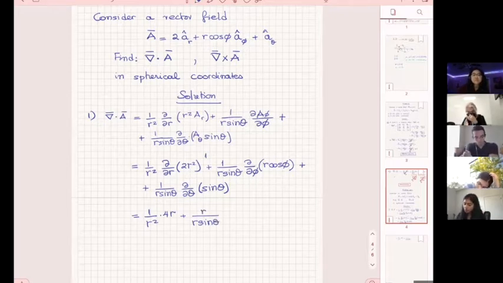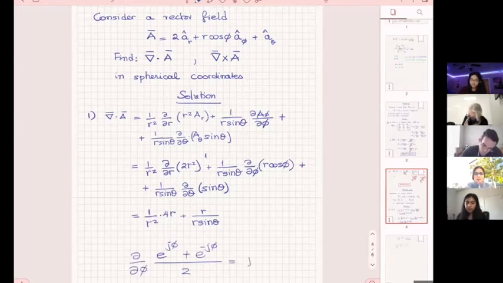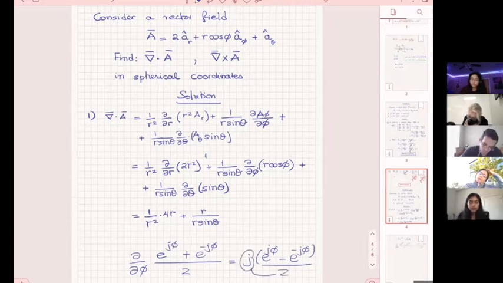How much is the derivative of the cosine? It's a negative sign, right? e to the j phi plus e to the minus j phi over 2, derivative gives j e to the j phi minus j e to the minus j phi over 2. Yes, that goes down, becomes negative.